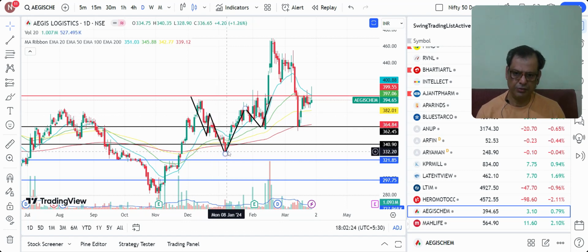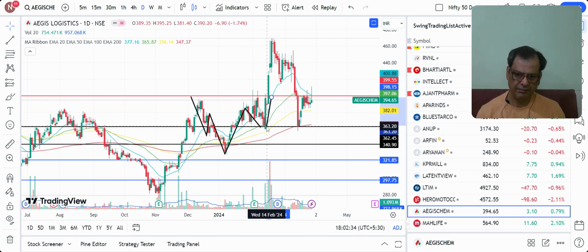But the bulls fought back again and raised the price again. Again, there was bearish pressure, and you have the bulls coming out fighting with huge volume.